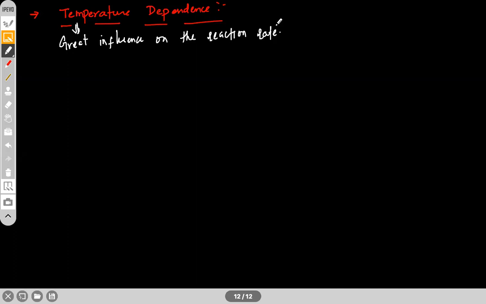Next line. The effect of temperature also depends upon the enthalpy change of the reaction. Next line.